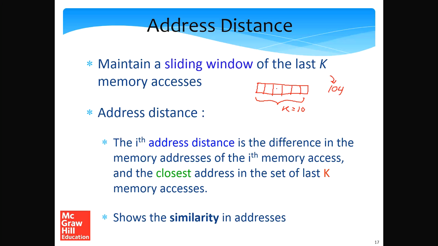There is no 104 in the window, but I had, let's say, accessed address 100. So I will choose whichever address in the last 10 is closest to 104. In this case it's 100, and the address distance, the difference between these addresses, is 4.